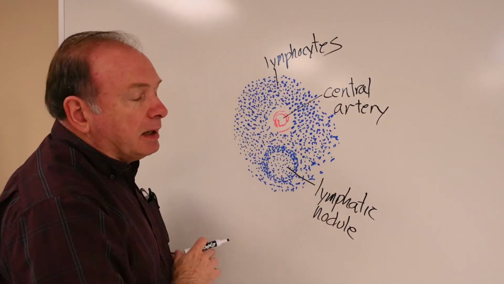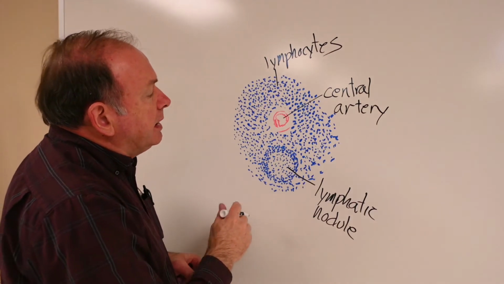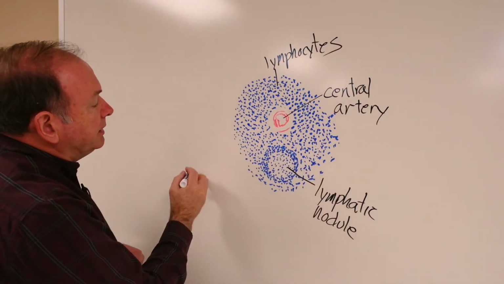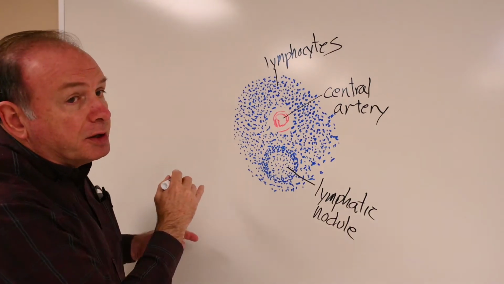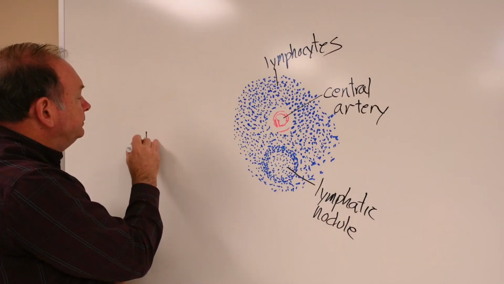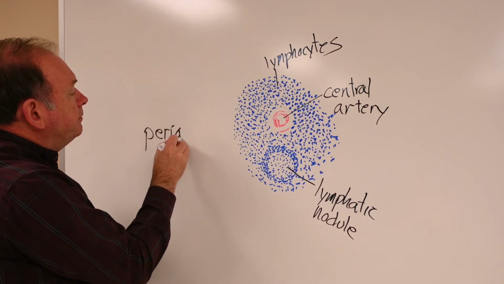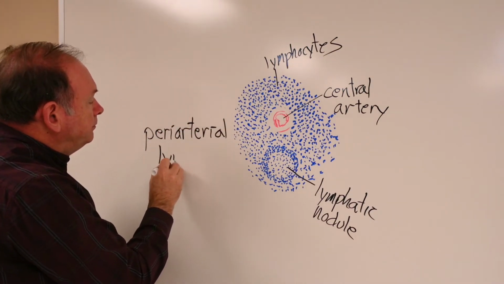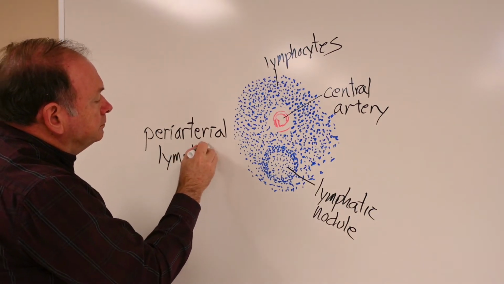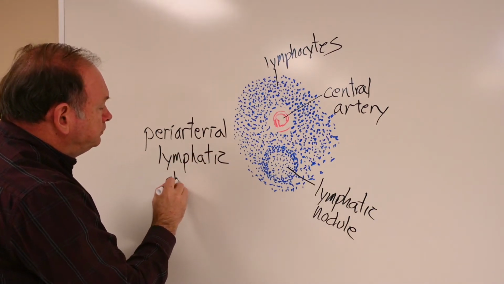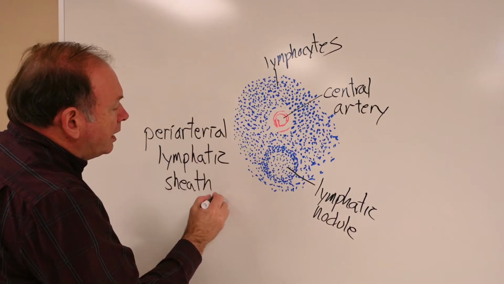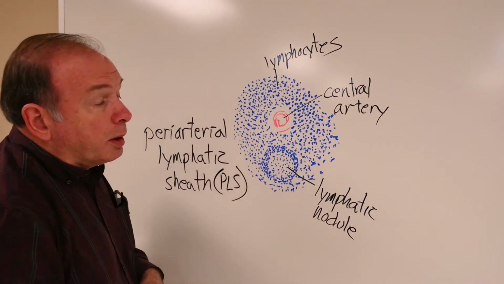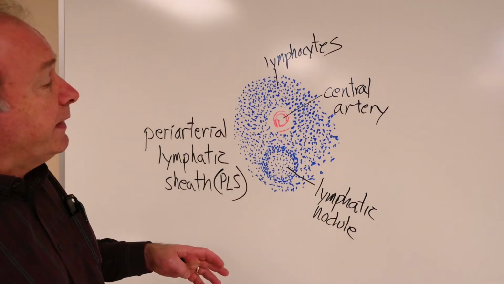So they're packed tight with lymphocytes. The region, in addition to being called white pulp, is sometimes referred to as a periarterial lymphatic sheath, or PLS.